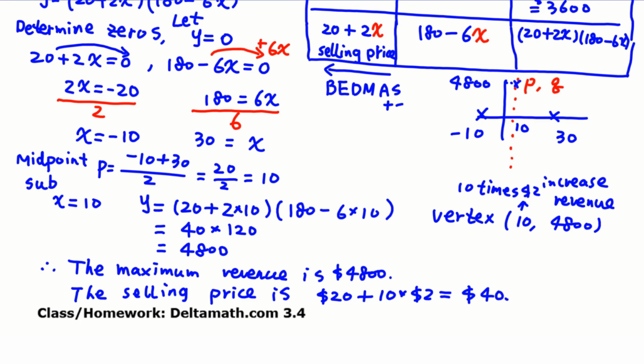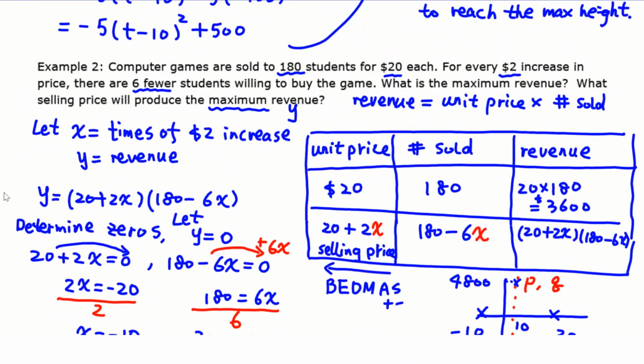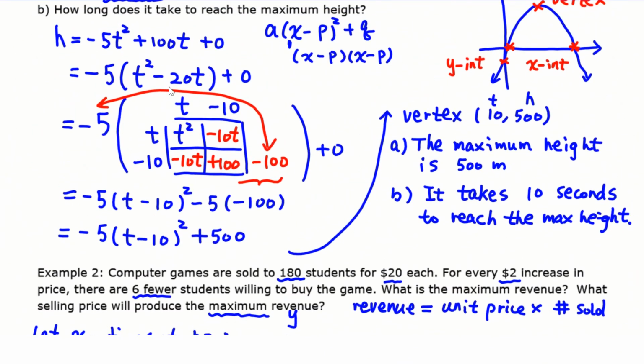So from these two word problems, you see that if standard form is given, you could use completing the square. You could use a box, or you could just split it and factor it. So if the traditional method is −5t² − 20t, then split this one into half: −5 bracket t minus 10 bracket squared.